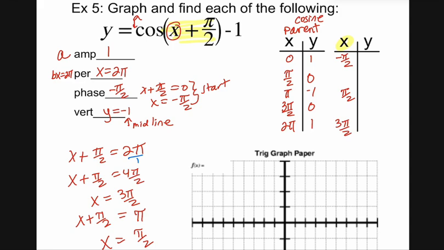And then, because the measurements are always equally spaced, what's halfway between negative pi over 2 and positive pi over 2? That's why I do that, because then I can just cut them in half. What's halfway between 90 and 270? 180.